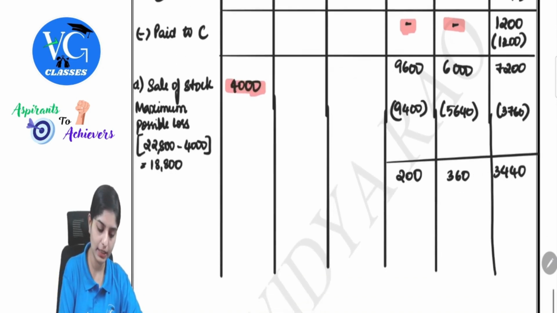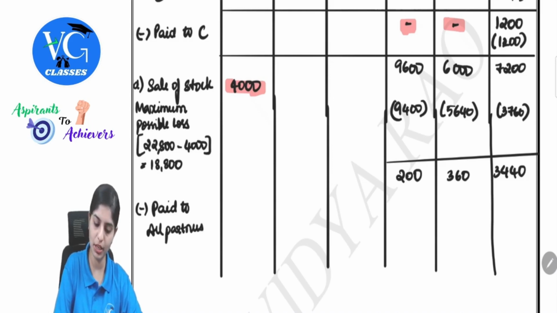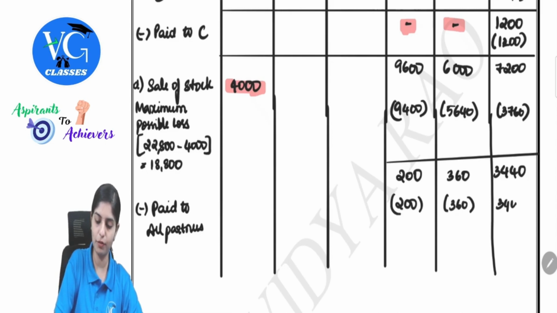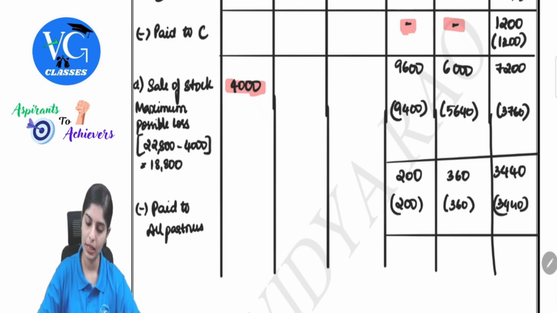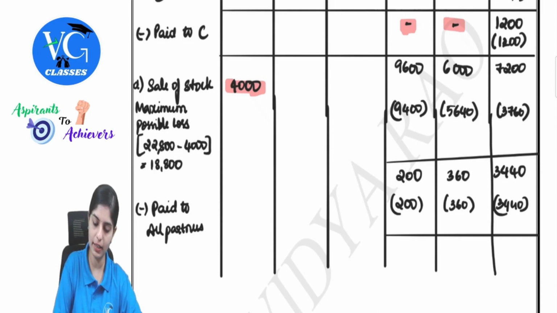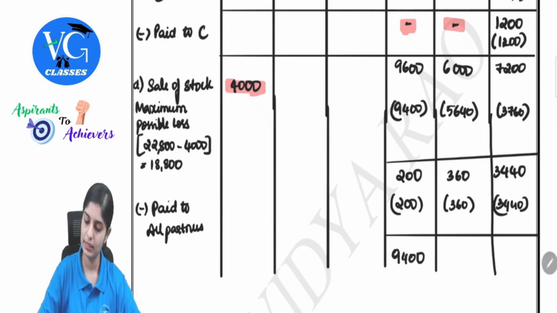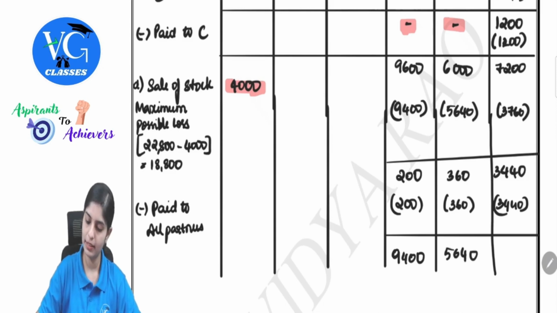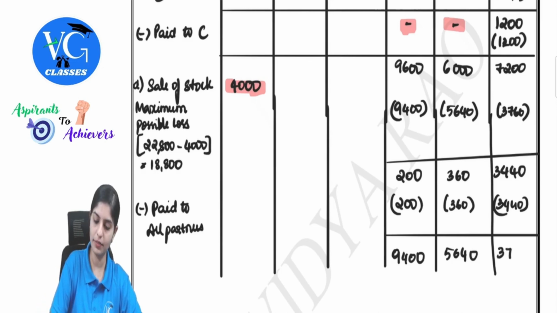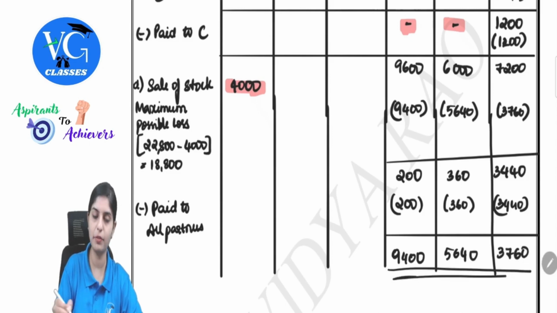So we can pay all partners in the same proportion, 200, 360 and 3,440. Comparing this with the outstanding balances: 9,600 minus 200 is 9,400. 6,000 minus 360 is 5,640. 7,200 minus 3,440 is 3,760. Ultimately, this is nothing but the loss.